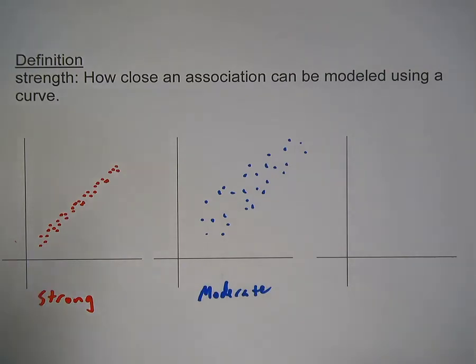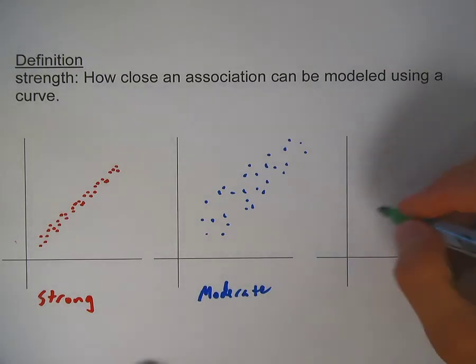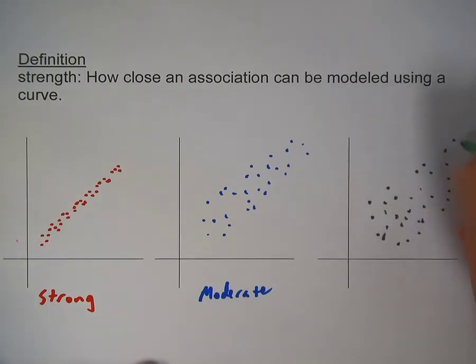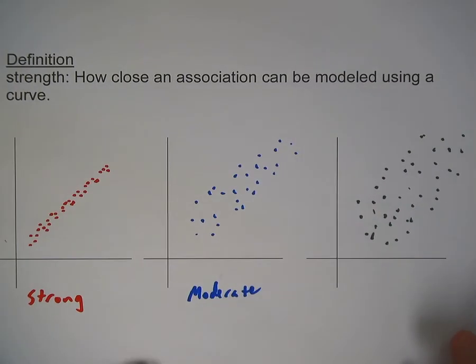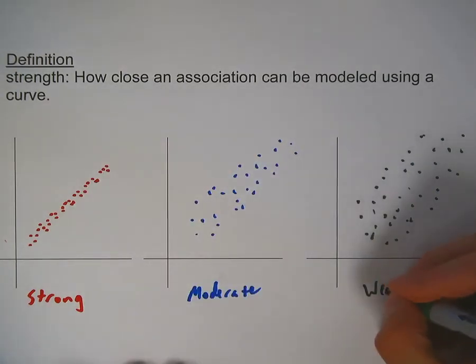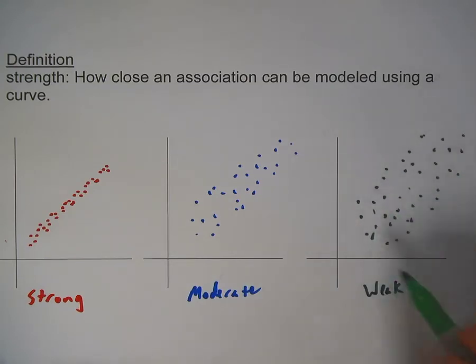And then we'll look at weak. With weak, you're still going to see some sort of association, but the cluster is not going to be as tight as in here. So this we would call a weak association. We can still see that slight positive association, but this one is pretty weak.